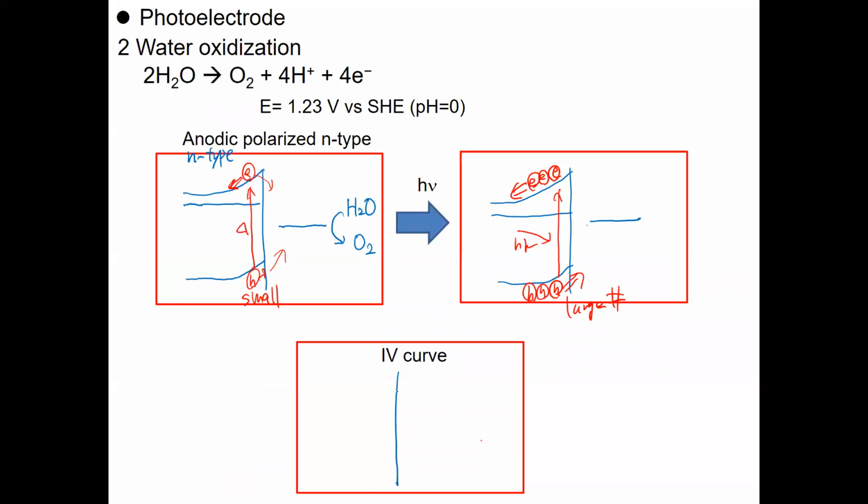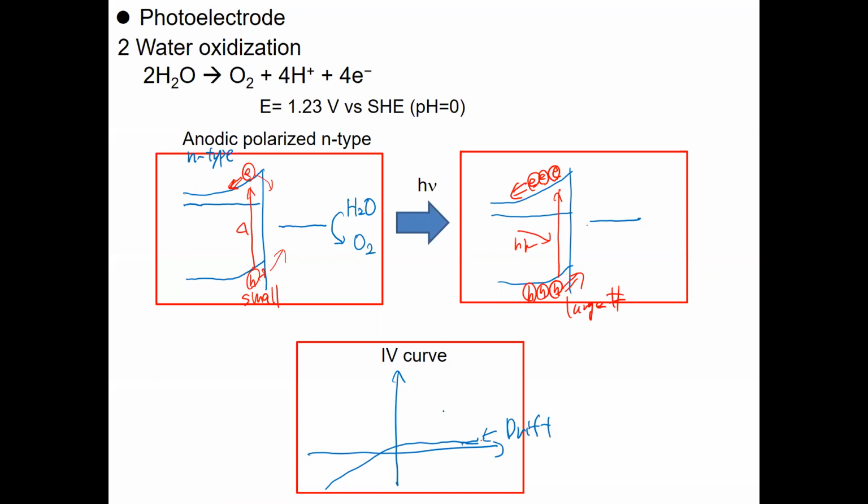So what happened to this IV curve? Originally, it was something like this, right? However, by using the light, this. So I would like to emphasize that this is a drift current.